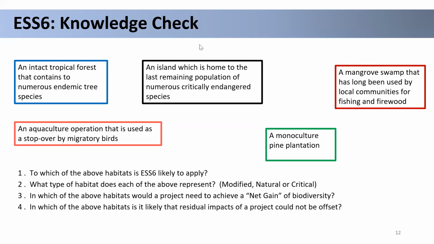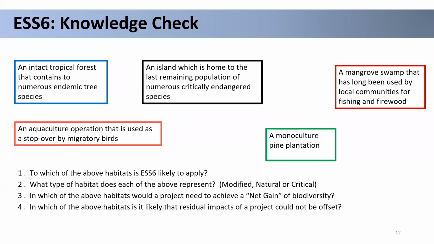Yeah, exactly. It's the island. If this island is home to the last remaining population of some species, whatever you do on this island, you will endanger the critical species and their last remaining population. If they are not present anywhere else, it is very, very difficult to offset this, because there are no such populations thriving or sustaining anywhere else.